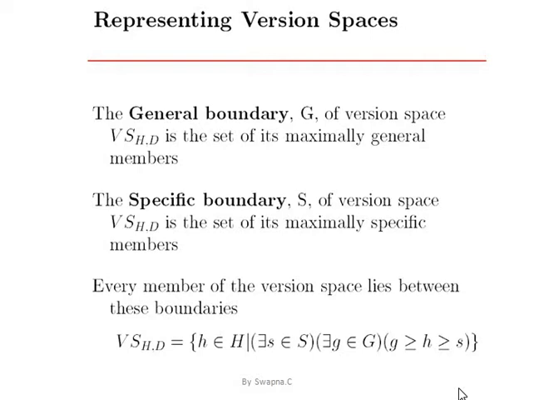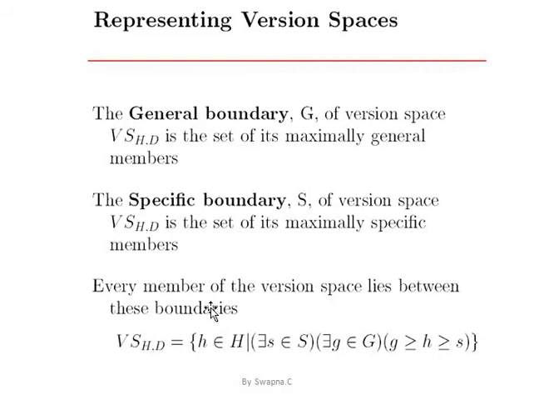To represent the version space, in that figure we also used a specific hypothesis and a general hypothesis, which we call the general boundary and the specific boundary. The general boundary is represented with the capital G, and the version space is represented as VS. It is the set of its maximally general members, and the specific boundary contains the maximally specific members.